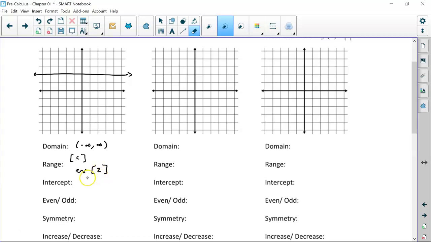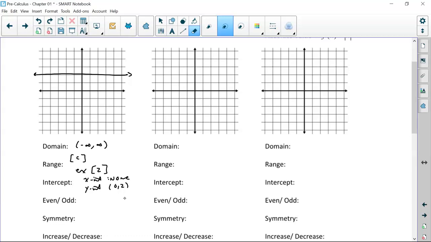The intercepts. The x-intercept, there is none. This one never crosses the x-axis. And the y-intercept for this example specifically is at 0, 2, or 0, whatever c is. Is it even or odd?